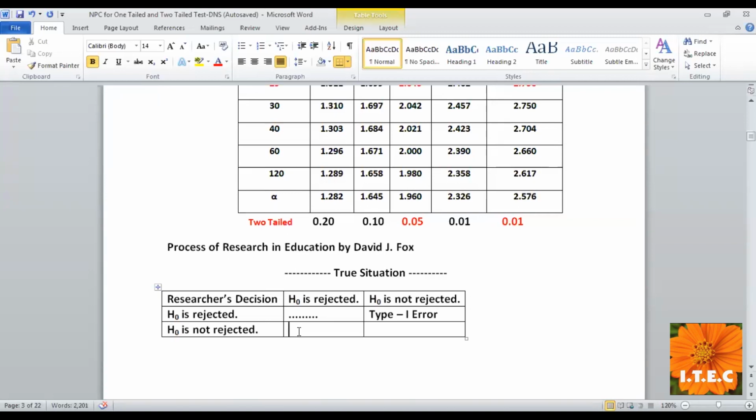If you have understood type 1, then this becomes automatically type 2. And here there is no error. So this is the table. If you want, you can remember it, it will help you. And if you do not want, the choice is yours.